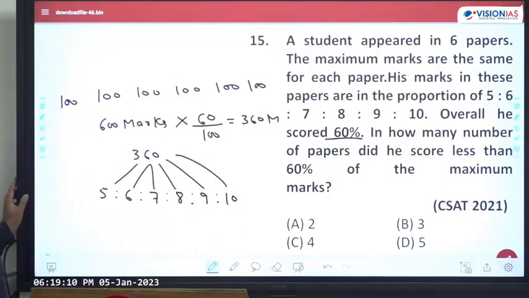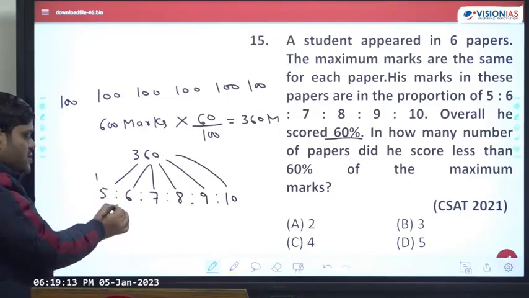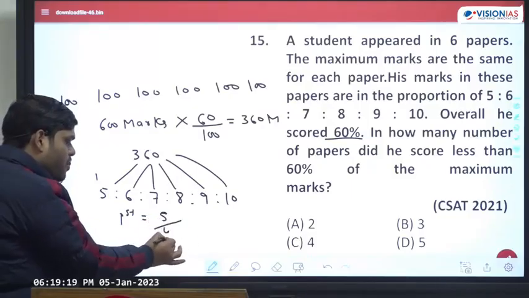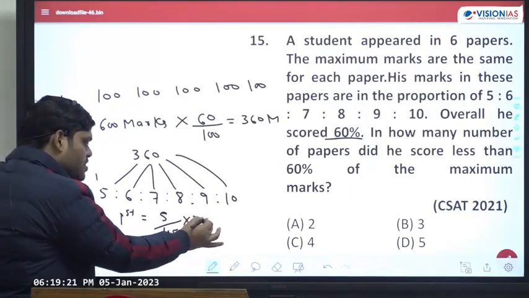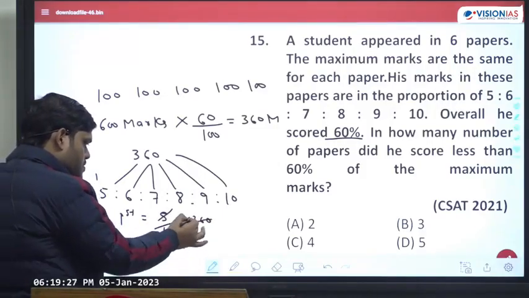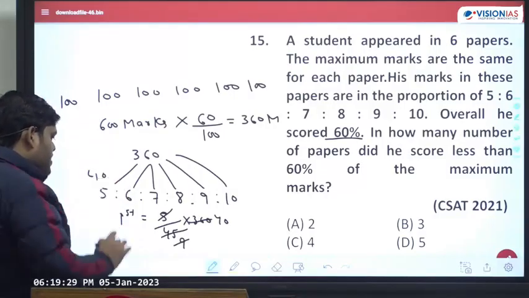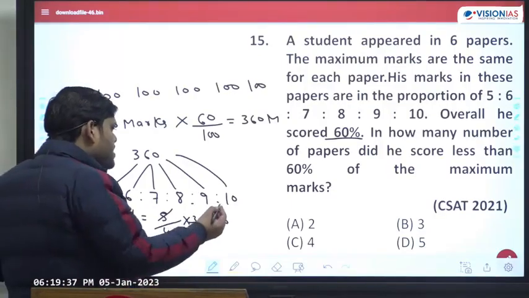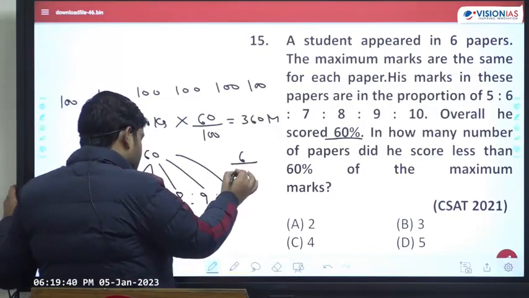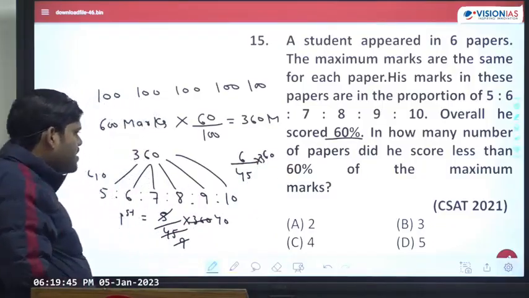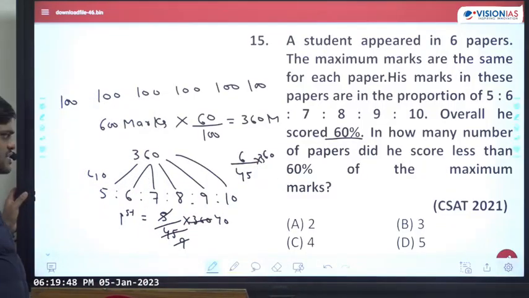So can we find out the marks? Yes. Suppose in the first paper, the marks is 5/45 into 360, which is 40. In the second paper, it is 6/45 into 360.